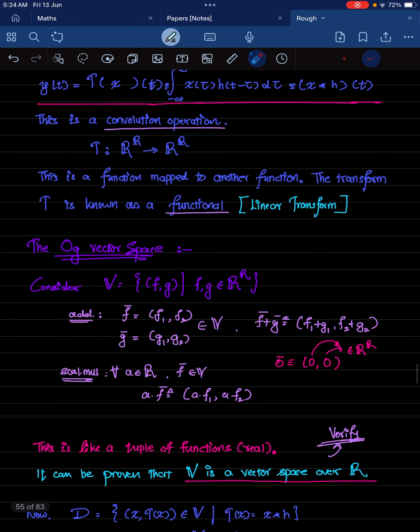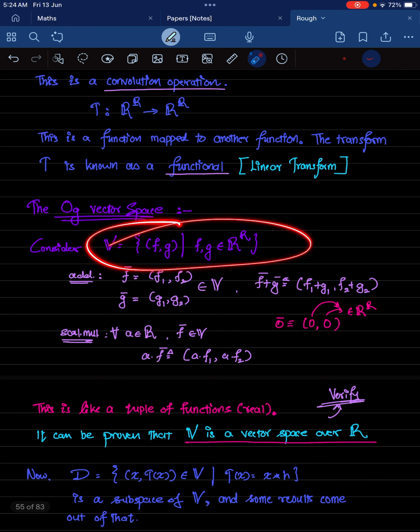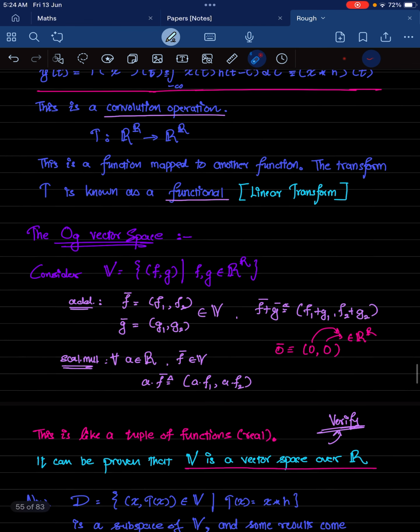So in that case, we choose a bigger set, that is V. So the smaller set was just all functions x and transform of x. This won't cover all possible function tuples like f, g, let's say, where f and g are both some real functions. Now consider the set of tuples of real functions. Now if I define addition and scalar multiplication as component-wise operations, then obviously it's not that difficult to see how this thing can be a vector space over the field of real numbers.